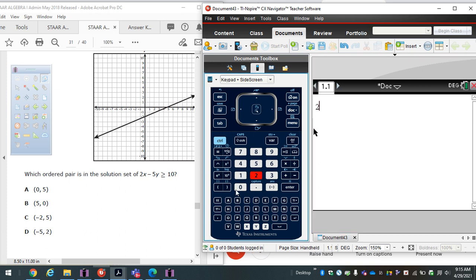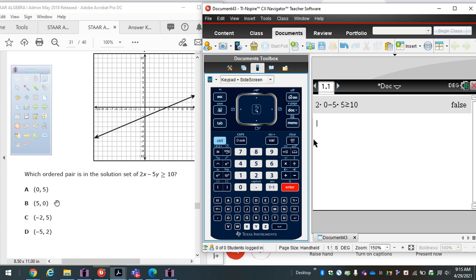I'm going to go with 2, parentheses, 0, minus 5 times my y value of 5. Right here in this blue area are the inequalities, so I'm going to copy the same symbol I see there, and then put 10. False.